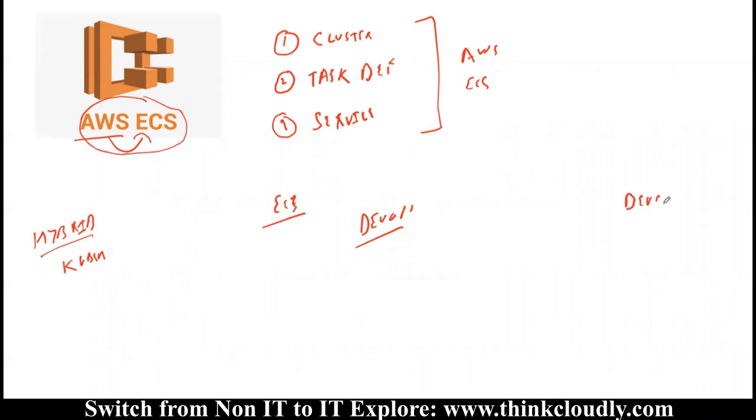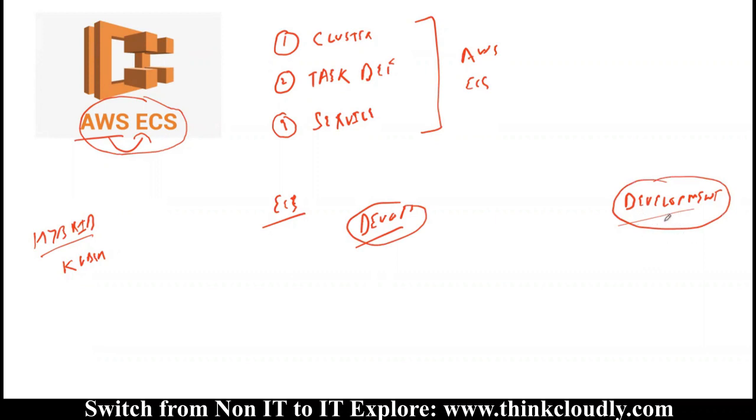There's a difference between development team and DevOps team. The development team is responsible to develop an application, and the DevOps team is responsible to host that application in an environment like ECS, EKS. So the DevOps role is to run or host that application, but the development team is the one who is developing that software.